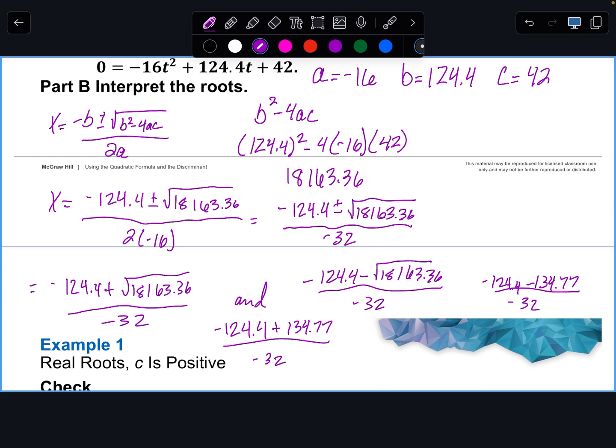So I get negative 0.32 for the first one.